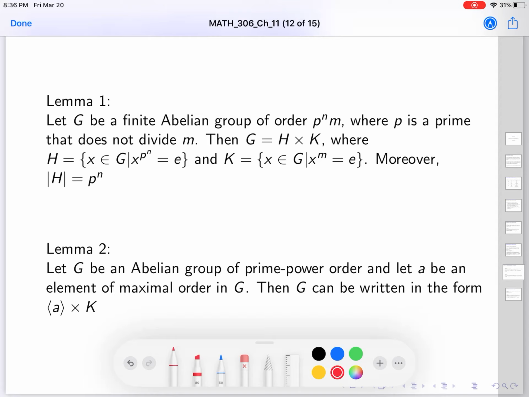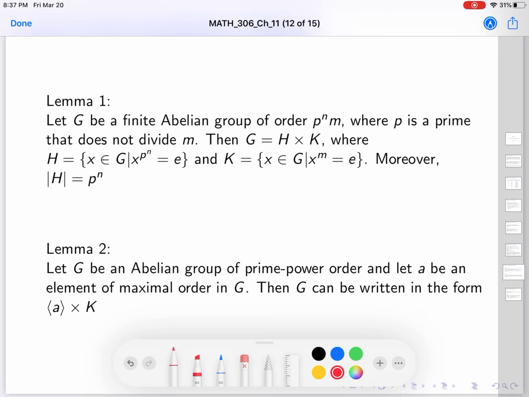And we have K, which is defined as x elements of G, such that x to the m is equal to e. And it tells us then that the order of H has to be p to the n.